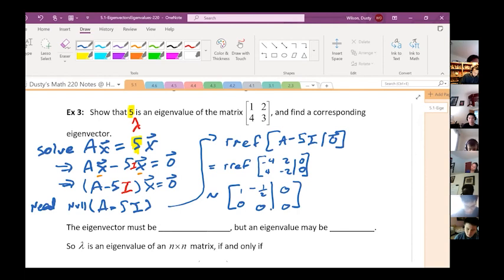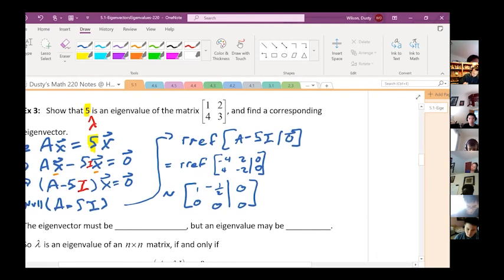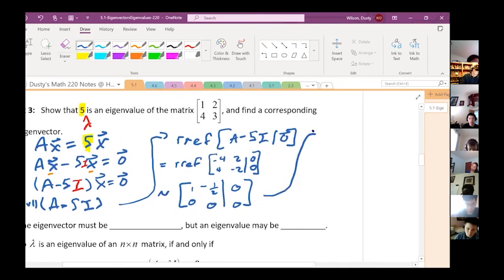So again, we're looking for the null space. So if we want to find our null space, this tells us that our x's are equal to x2, our free variable, times what vector? Yeah, from Abed, a half, comma, 1.